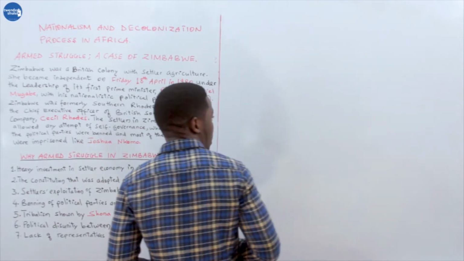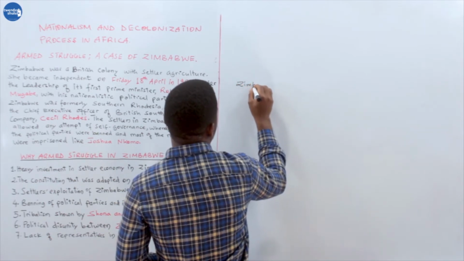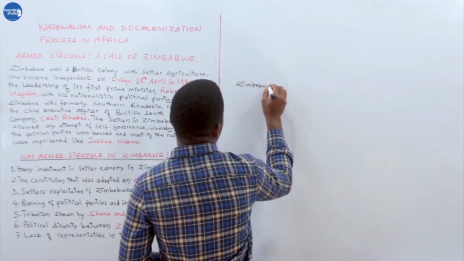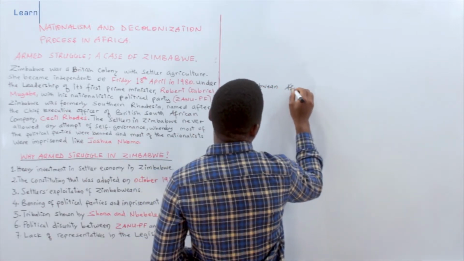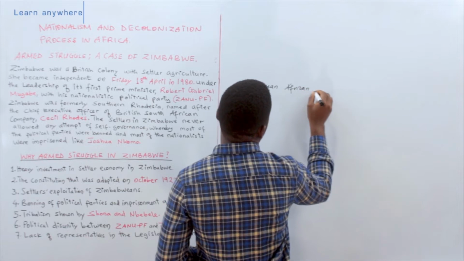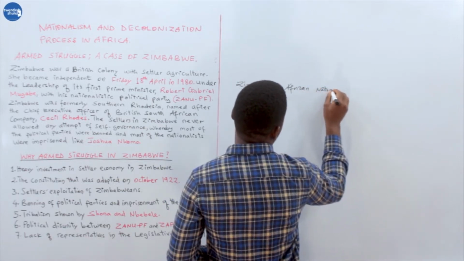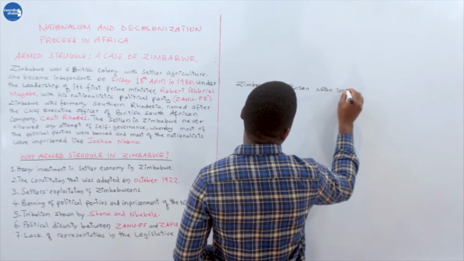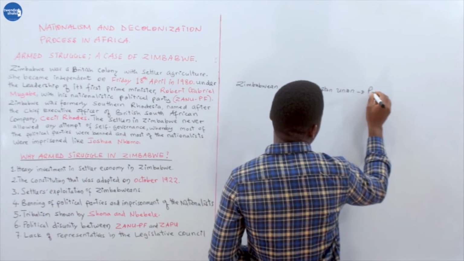The long form of ZANU is Zimbabwe African National Union. PF means Patriotic Front.